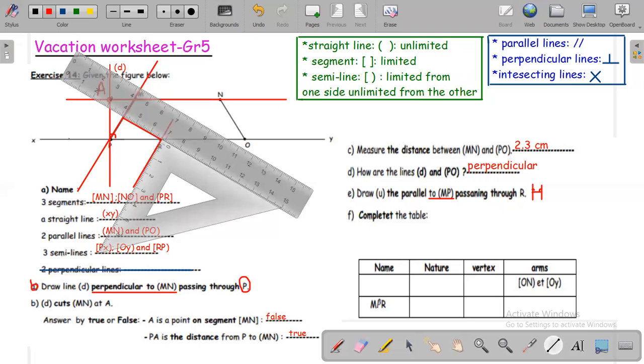And this one is the parallel, which is a straight line, so we elongate it.